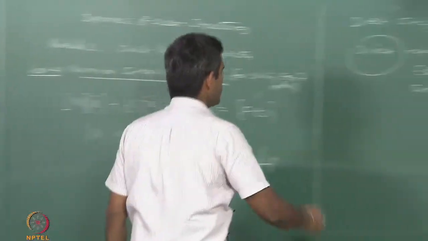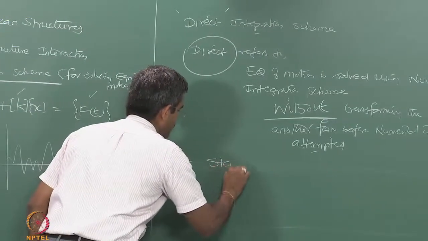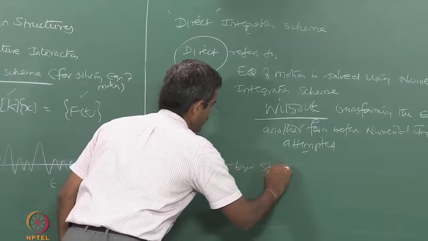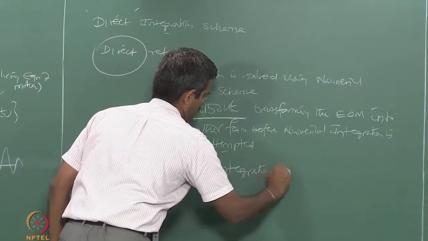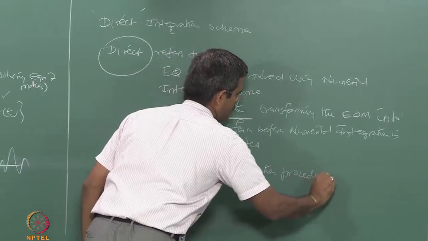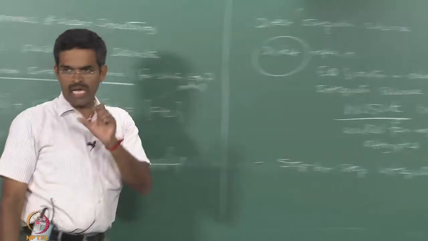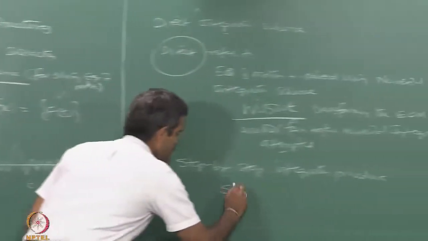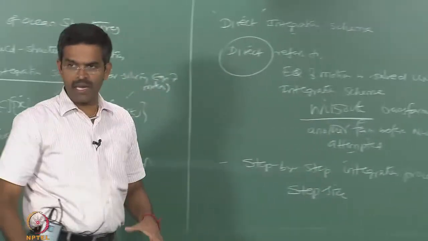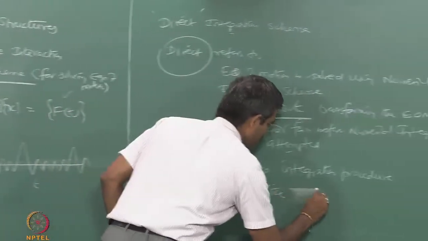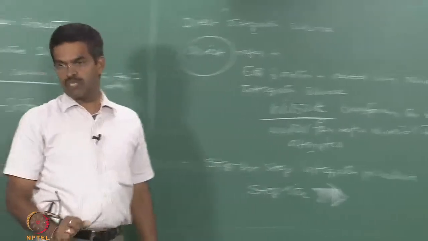Numeric integration is actually a step by step integration procedure. The moment I say step by step integration procedure, there are two catchwords here. What should be my step size? The step size should be such that it represents a continuous solution more or less.